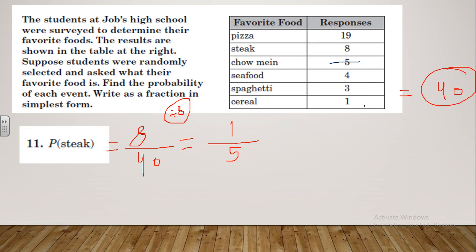Excellent. And Miss, I can do something else. What, Habibi? This is 5, and we know the total here is 40. So we can do 40 minus 5. We will get 35. Good job. That's clever.